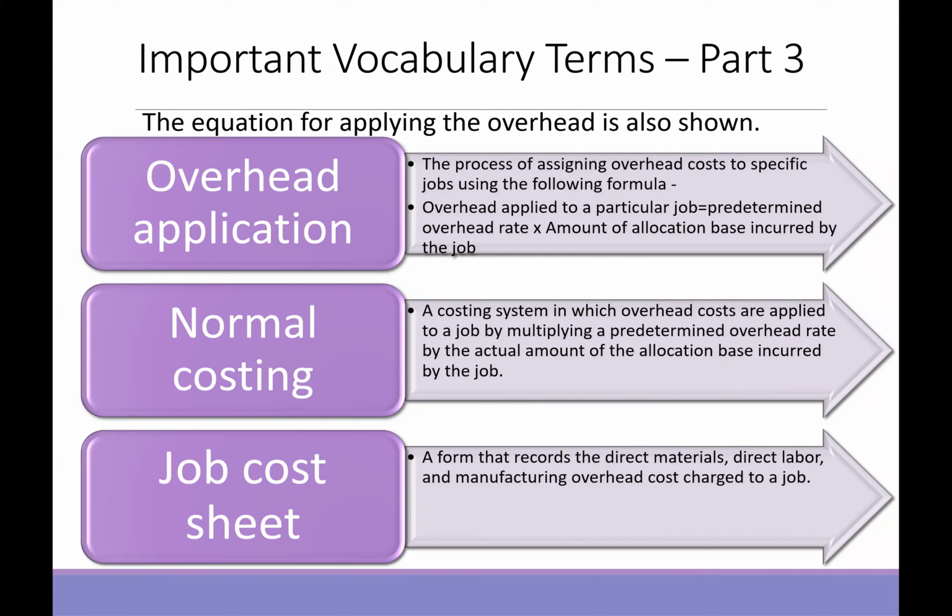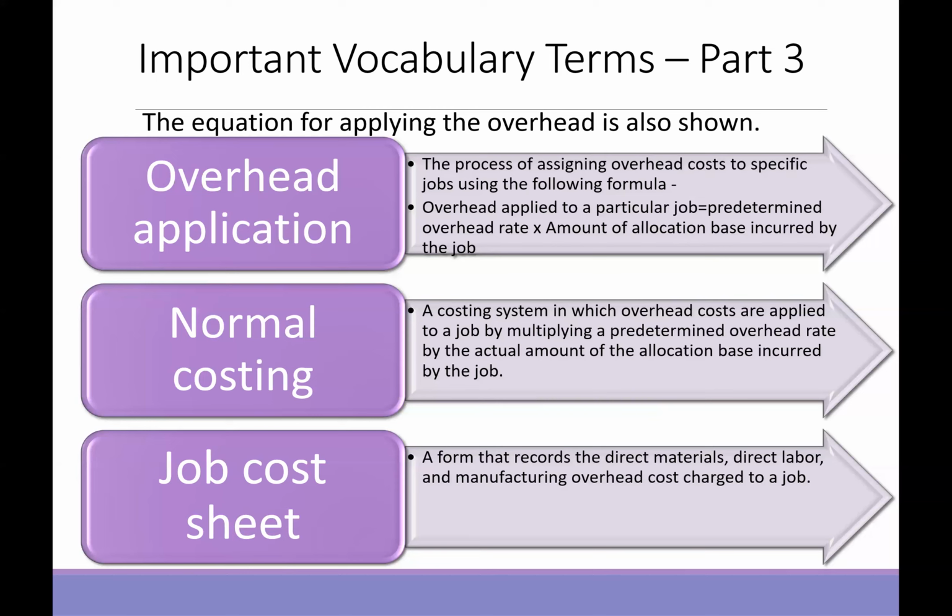So if we've got the predetermined overhead rate, we'll know exactly how many hours, maybe direct labor hours or direct machine hours, were spent on a job. We'll take those actual hours times that predetermined overhead rate.